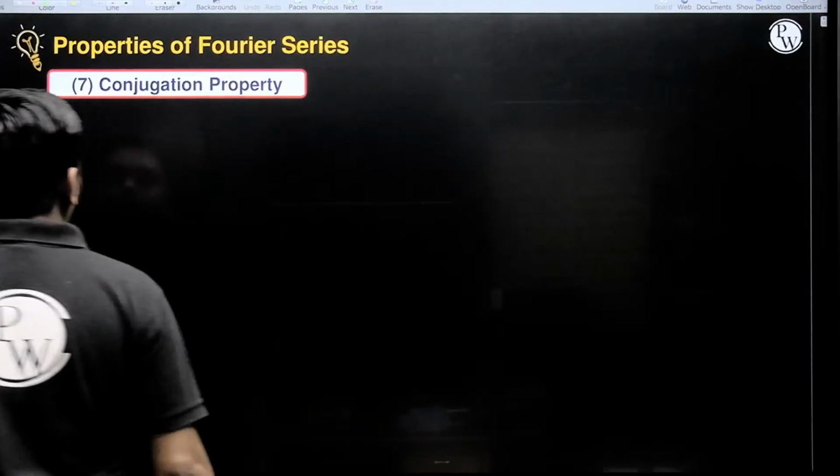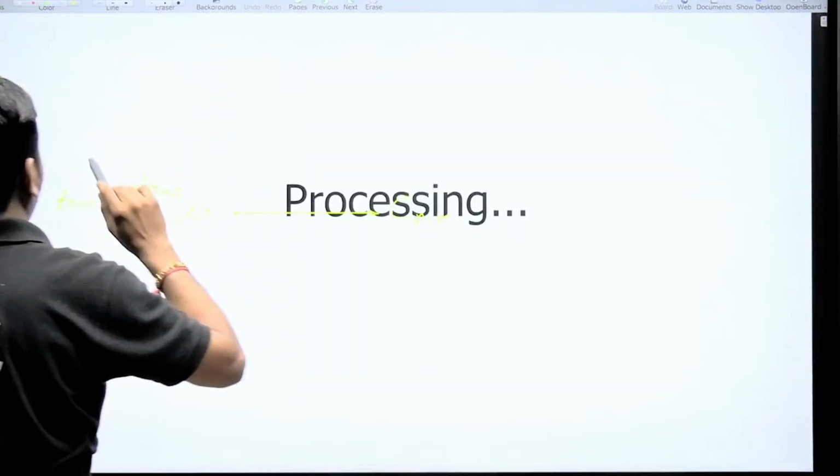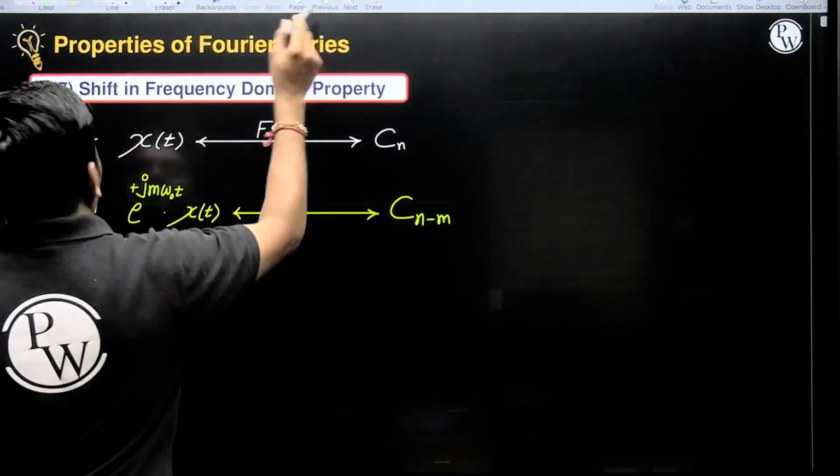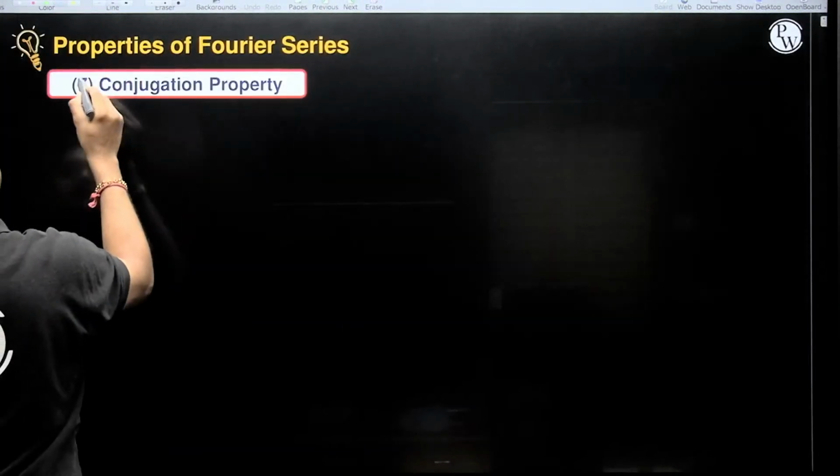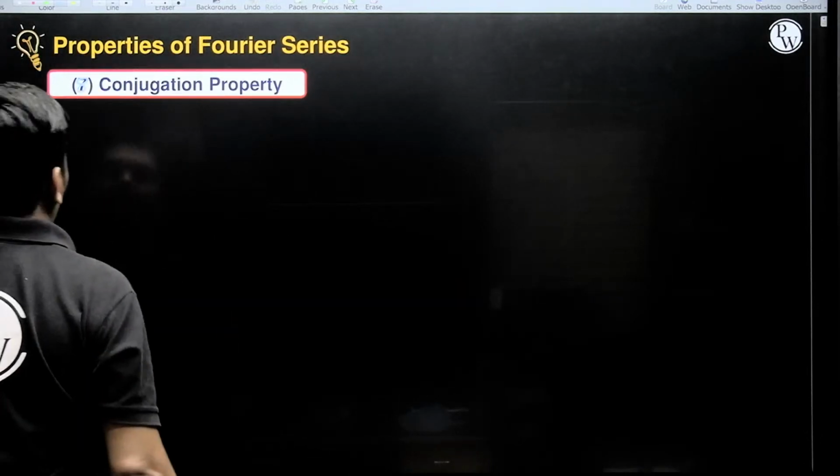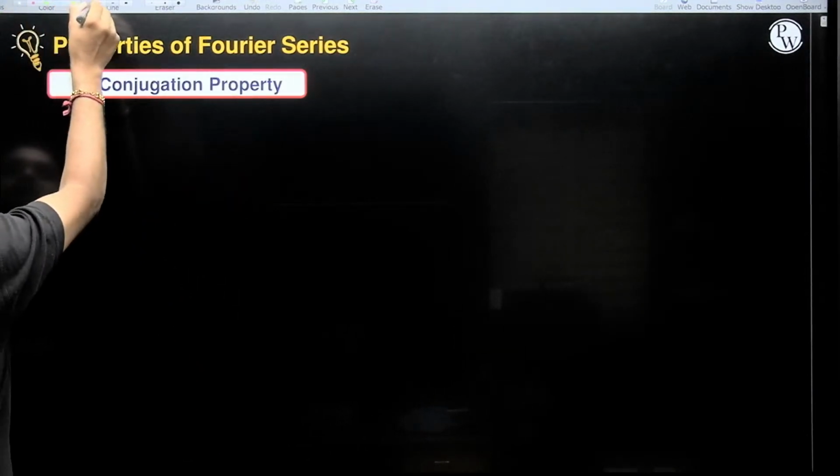Okay, very good. So this is the frequency shift. Next is the conjugation property, property number 8. Also a very important property, guys.